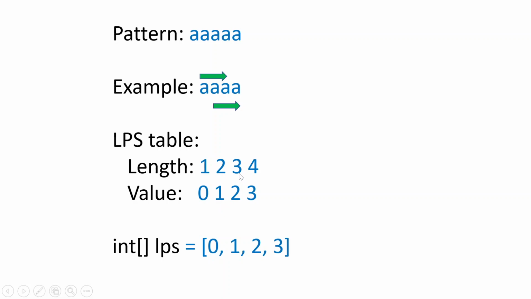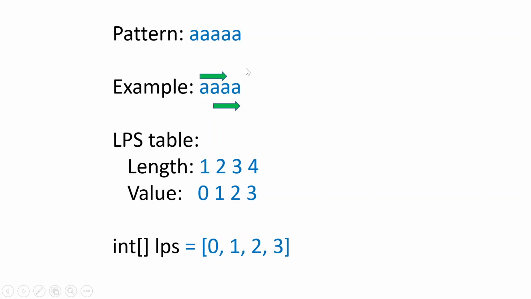For length 3, we have 3 consecutive A's. The first 2 are the prefix, the last 2 are the suffix. Prefix and suffix are the same. For a string with length 3, the LPS value is 2.